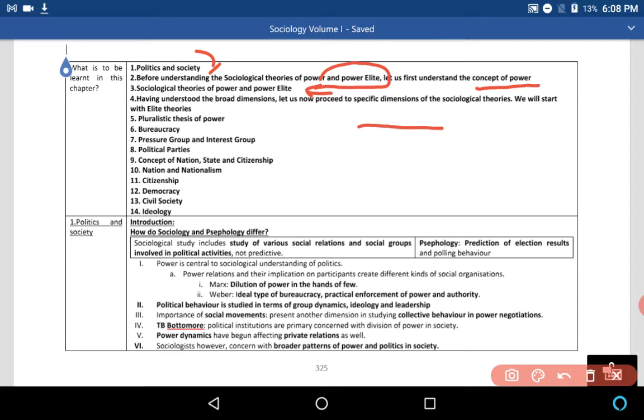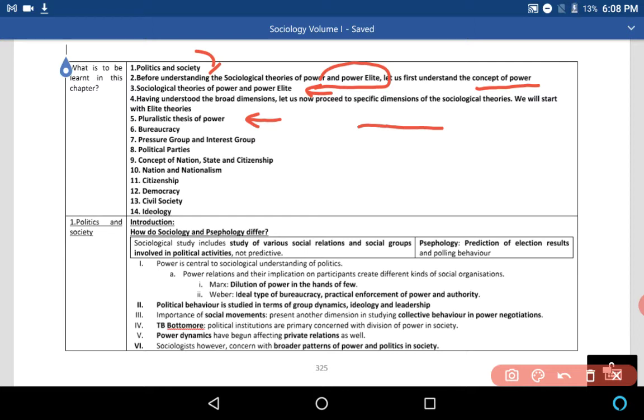After power elite theories, there will be criticism of that theory also, so here we'll have the pluralistic thesis of power. No discussion on power is complete unless you understand its basis, and the basis is bureaucracy, the modern day phenomenon which you see around yourself.